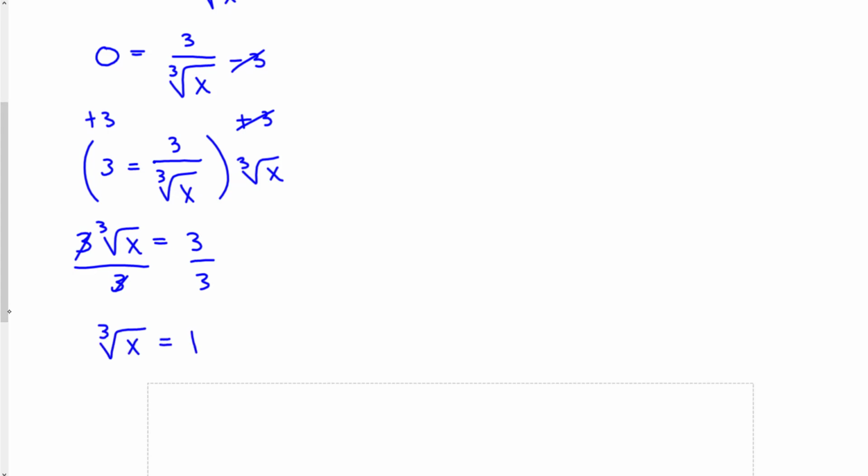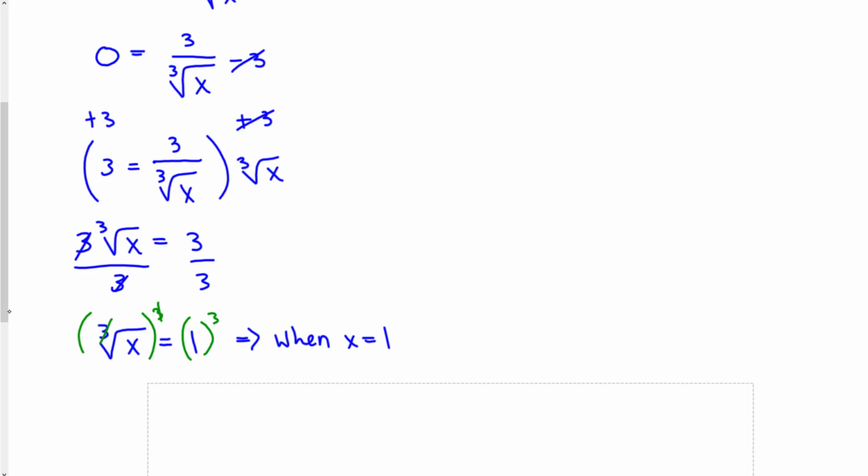And that's going to occur when x is equal to 1. Because if I cube both sides to get x by itself, the cube root of x cubed cancels the cube and the cube root out, and then 1 cubed is just 1. So this happens when x is equal to 1.